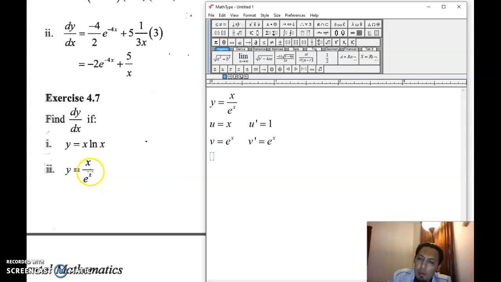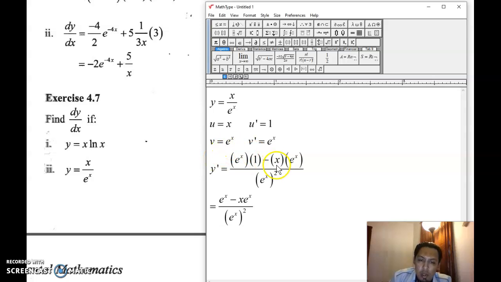For the next one, we have x over e to the power of x, which is a quotient rule. So we have u and v here, then just input it in the quotient rule formula, and you get this. You can leave it like this, but it can still be simplified to e^x over (e^x) squared minus x e^x over (e^x) squared.